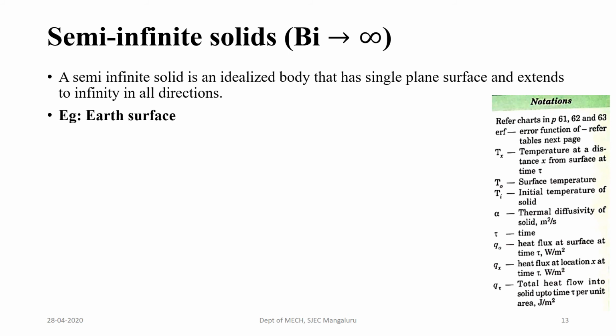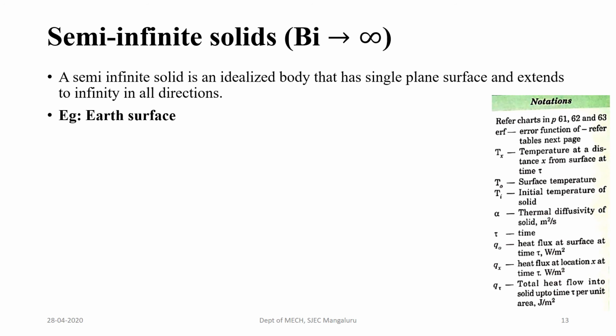Whenever the atmosphere of the Earth surface temperature changes, the Earth surface temperature also will change, but that variation in temperature is visible only up to a certain depth.